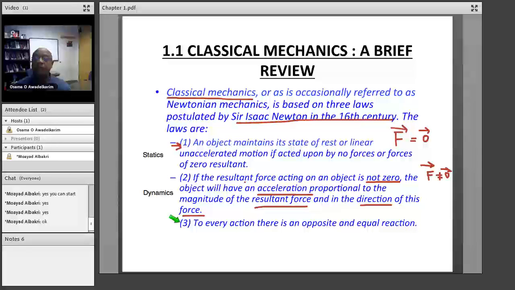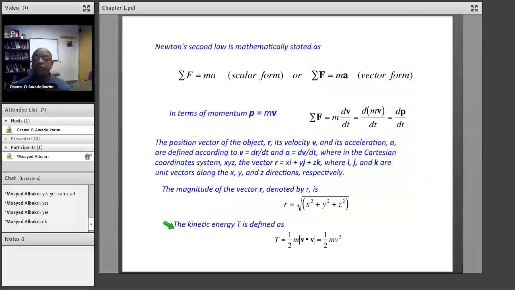This third law applies to dynamics as well as to statics. So this is a general law that applies to both types. So these are the three postulates that were given by Sir Isaac Newton back in the 16th century.